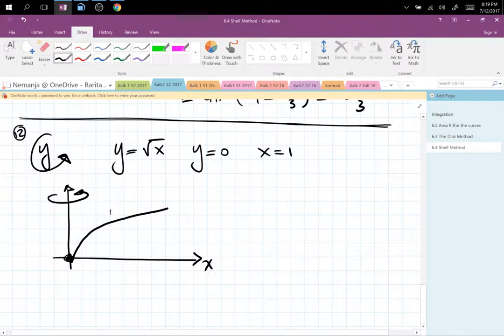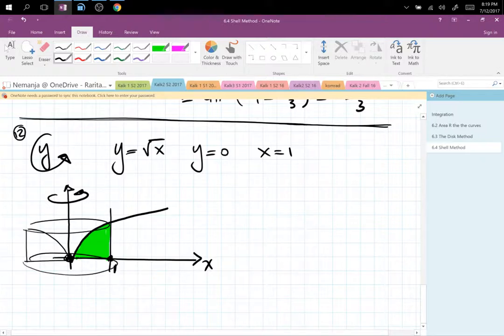So let's say that's x equals 1. I'm rotating this piece around the y-axis. What does that mean? That means that that piece will be on the other side like this, and then it will have the right shape. So this is some weird shape, right? Rotates around y.